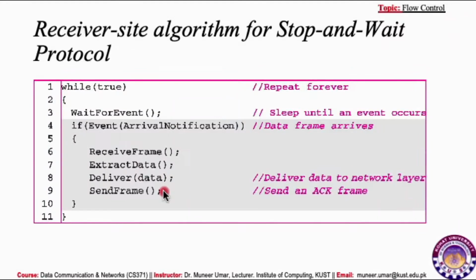After that, the acknowledgement is sent, or the sender is informed about the status of the reception by the receiver. So this send frame is an additional statement, or a sort of function, in the receiver side algorithm for stop and wait protocol.